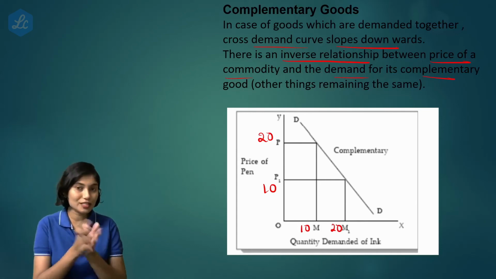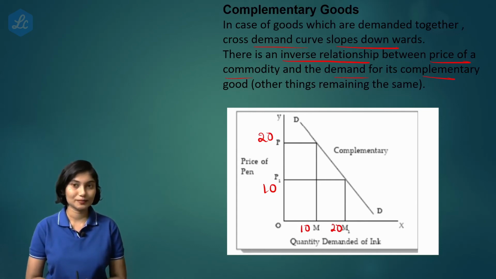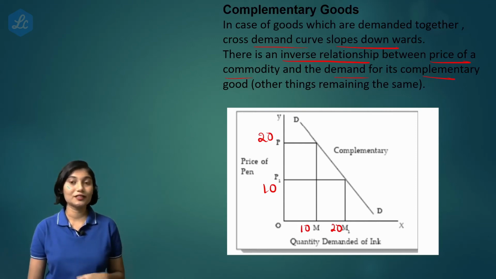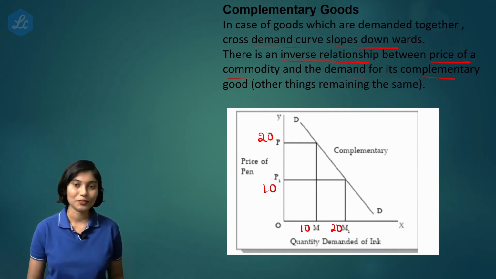You see how it is different from substitute goods, right? Here, when the price of a particular good increases, the demand for the particular complementary good also decreases. Okay, it is an inverse relationship here. So in such a case, you have the demand curve sloping downward.